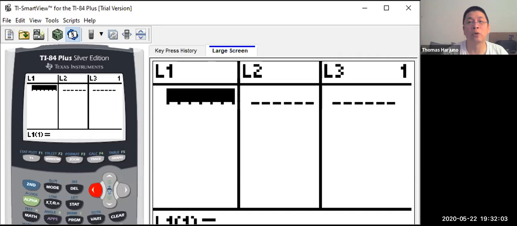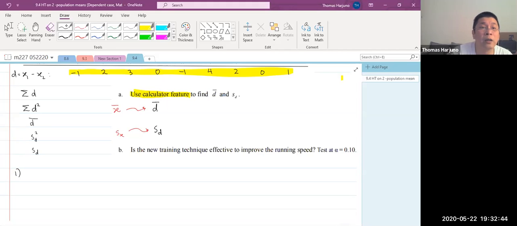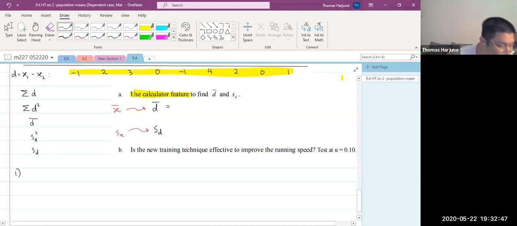Once I use my calculator, I get my d bar to be 1.11111.